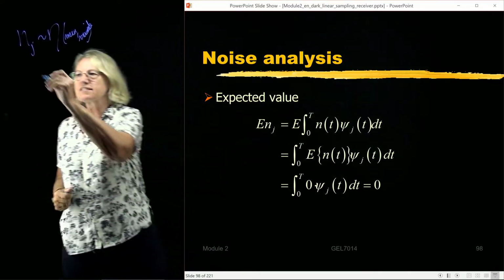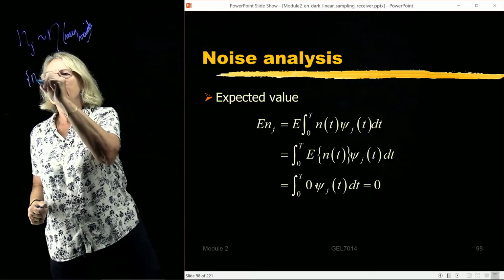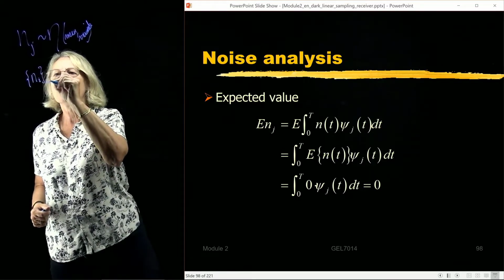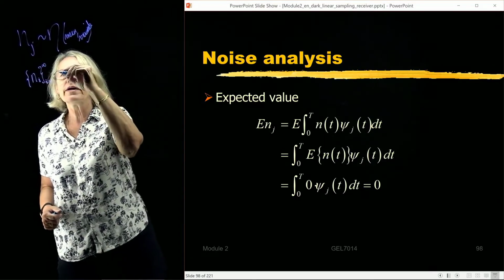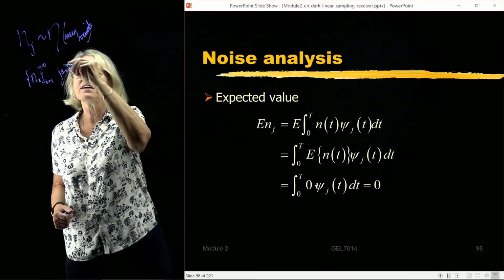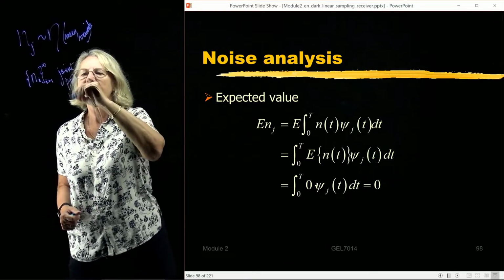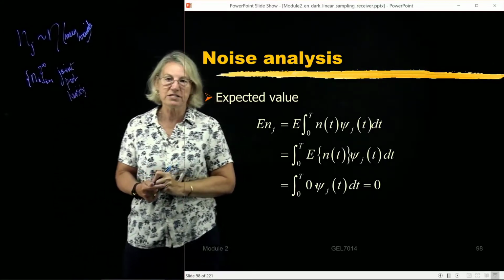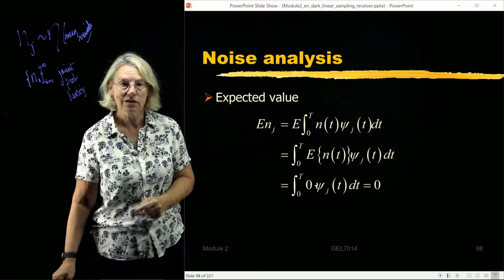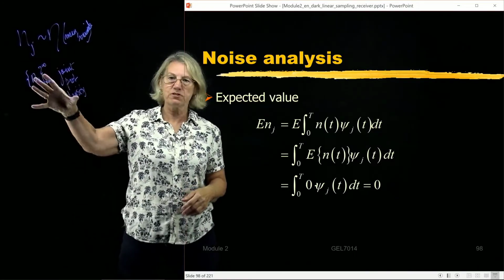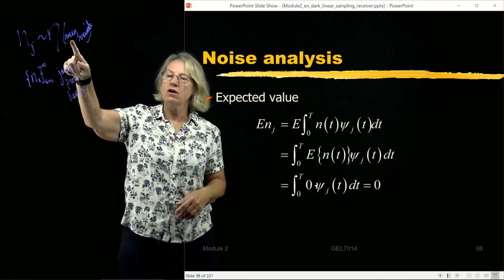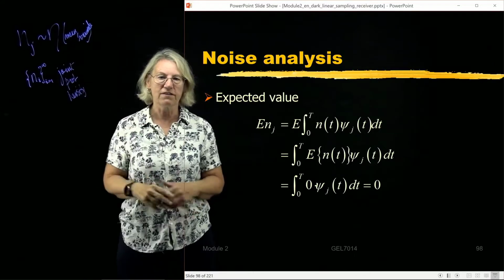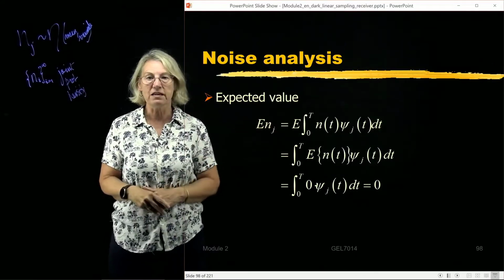But of course, I also need the joint probability density, because I'm not interested in just one random variable, but I'm interested in a random vector. But the first step in this process is to find out what is the mean and what is the variance. So let's start with the mean.